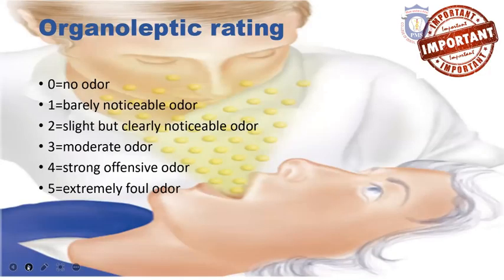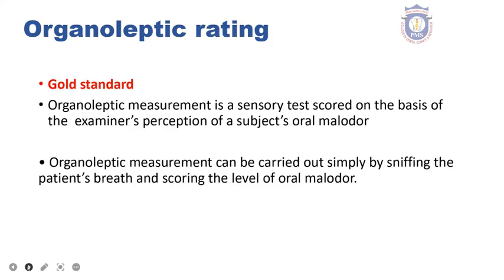So organoleptic, and they rate the malodor as 0 if there is no odor, 1 if it is barely noticeable odor, 2 slight but clearly noticeable, 3 moderate odor, 4 strong offensive odor, 5 for extremely foul odor. So it is a sensory test scored on the basis of the examiner's perception of the subject's malodor.